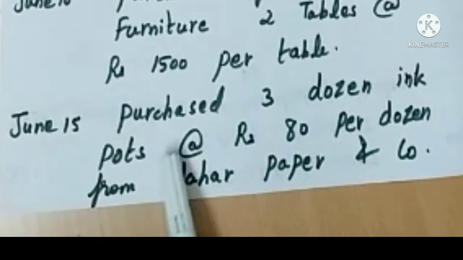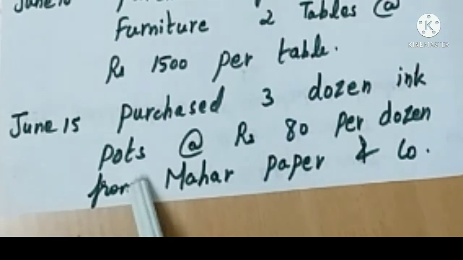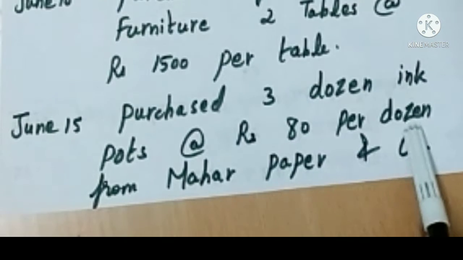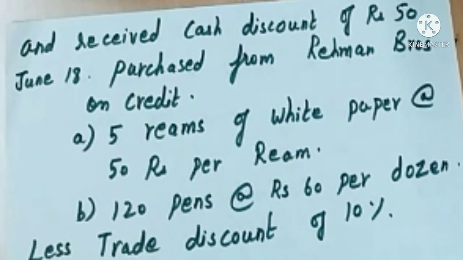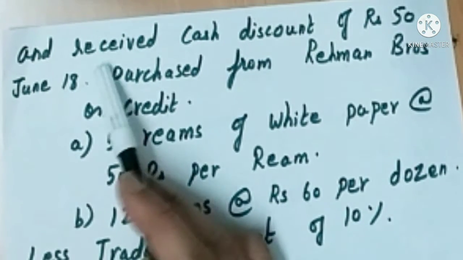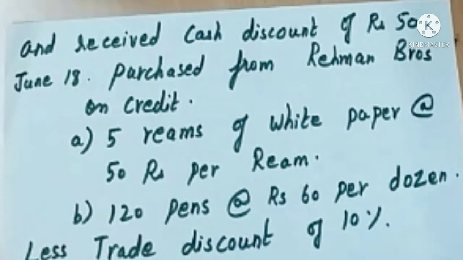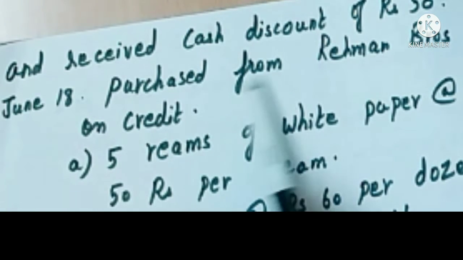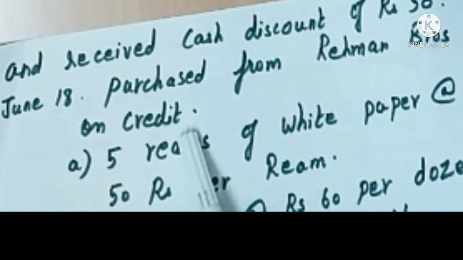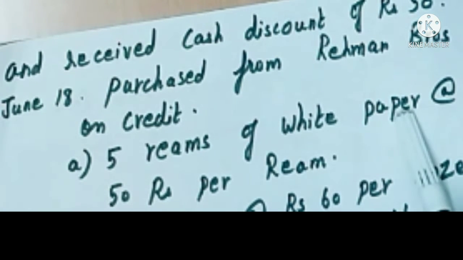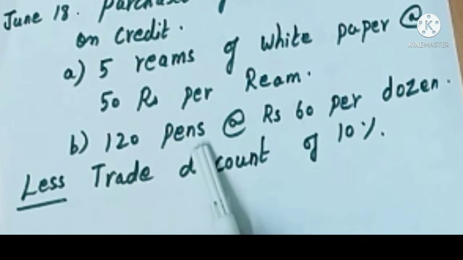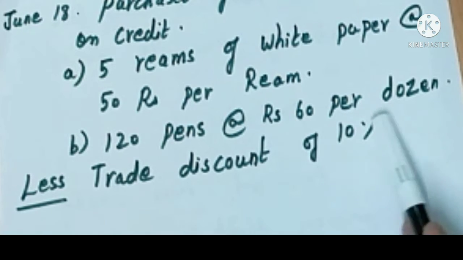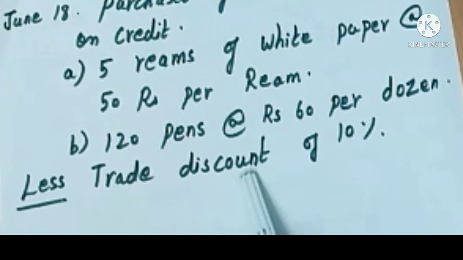June 15, purchase 3 dozen ink pots at rupees 80 per dozen from Magar Paper and Company and received cash discount of rupees 50. June 18, purchase from Regman Bros on credit 5 reams of white paper at rupees 50 per ream. 120 pens at rupees 80 per dozen, less trade discount of 10%.